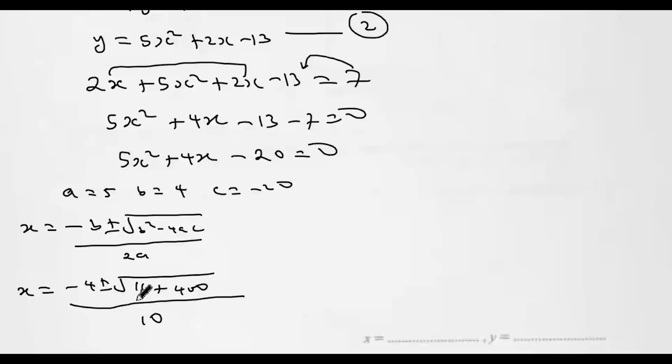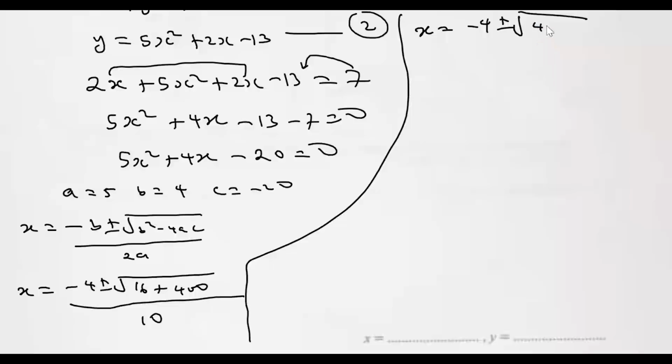Okay, so if you solve this, let me group these ideas. So if you proceed, you have x equals minus 4 plus or minus square root of 416, everything over 10. Then you have x equals minus 4 plus or minus 20.4 over 10.